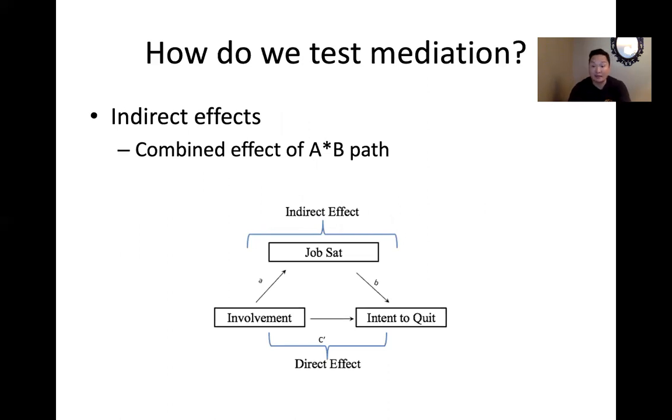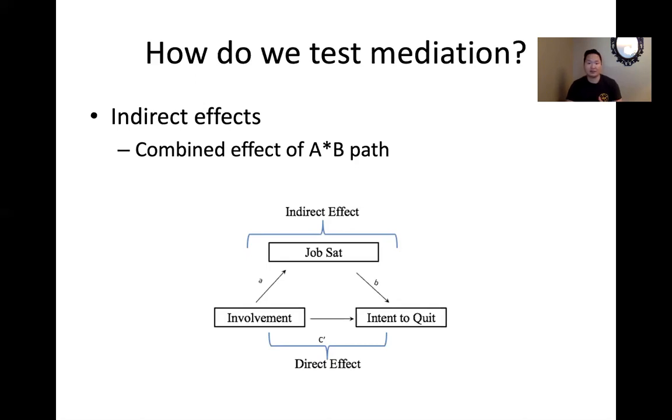Now, mathematically, and again, we won't get into the math too much, but the indirect effect is calculated by taking that A path and multiplying it by the B path. Now, again, you don't need to do this. The computer will do it for you, but that's what's going on in the background.